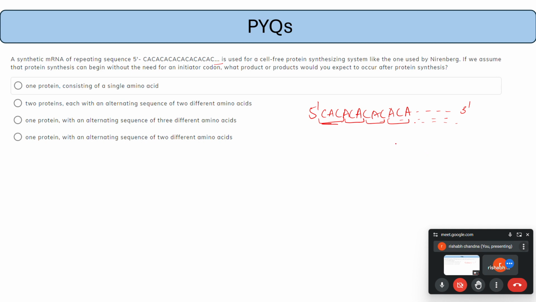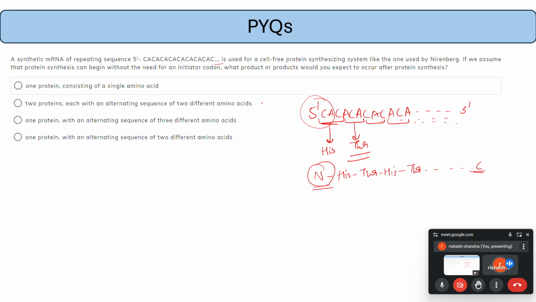Based on the codon table, which codon codes for which amino acid, CAC codes for histidine and ACA codes for threonine. So based on this amino acid chart, the protein composition would be histidine, then threonine, then histidine, then threonine, like this till the C terminal. The N terminal will be the start of the protein, like the 5 prime end of the mRNA.